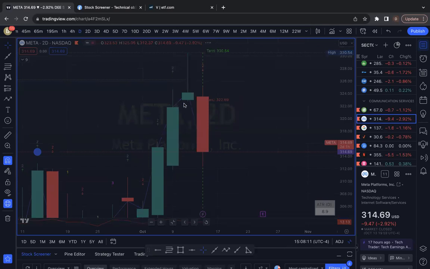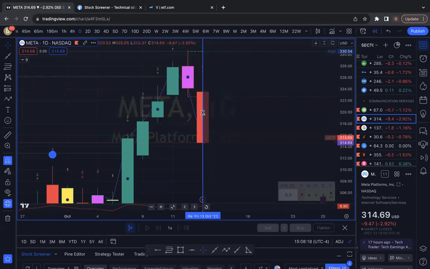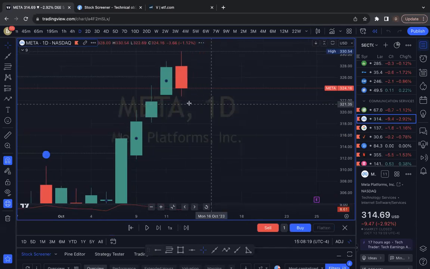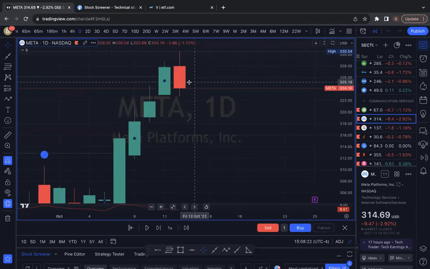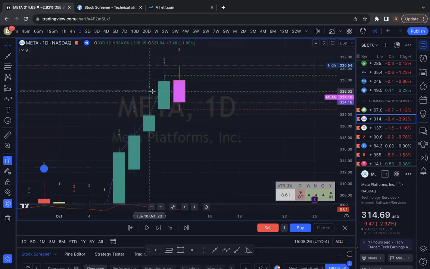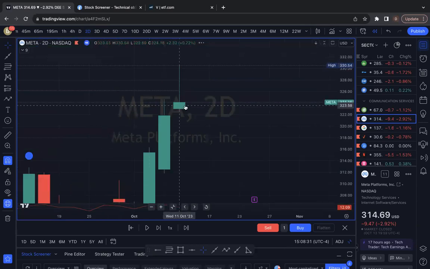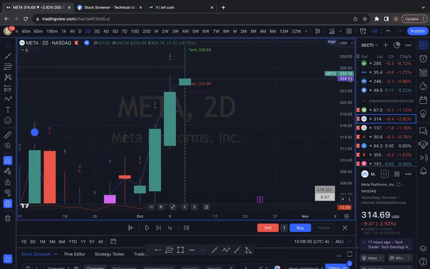Let me go back to the daily. If we go back in time and we take away this 2 right here, because this was Friday that already happened, you would have just seen this 3. Now, if you were only looking at the daily, you would have moved on. But if you go to a different time frame, the 2-day, which also opened on a Friday, this looks a little different, right?